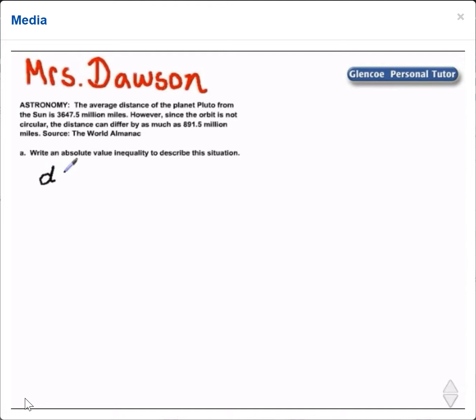We will allow D to represent the distance from Pluto to the Sun.